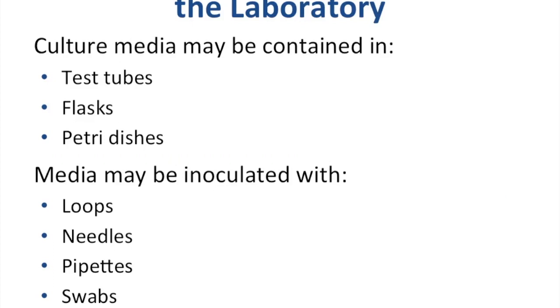Now the media is to supply the nutrients for the microorganism. So the media can be put in a glass tube, flask, or petri dishes, okay. So we can introduce the microorganism by using loops, okay.